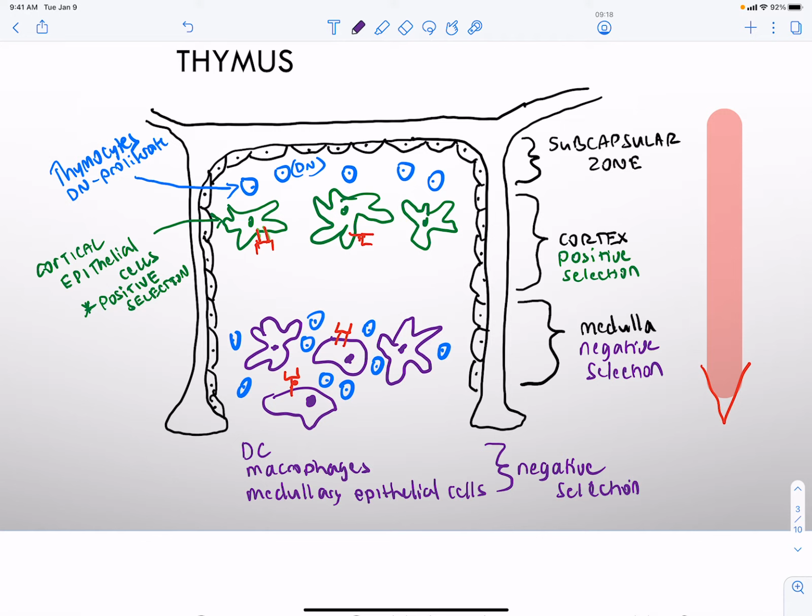So our dendritic cell's role is going to be to present antigen. Our macrophage's role is going to be to kill self-reactive T cells.